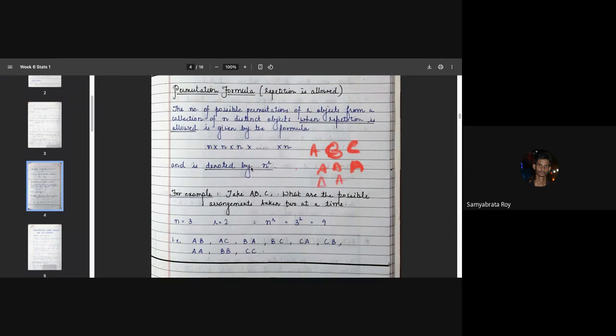And I can take B. Okay, I can take C. Similarly, I can take ABC, and ABB. I can keep doing this, right? So what I am choosing basically, I am choosing three persons out of three persons, right? So this will lead me to 3 to the power 3.